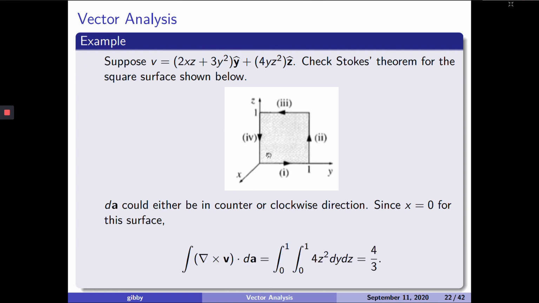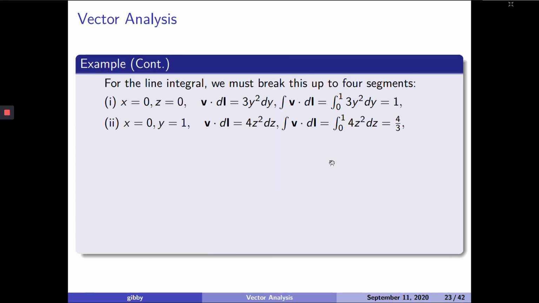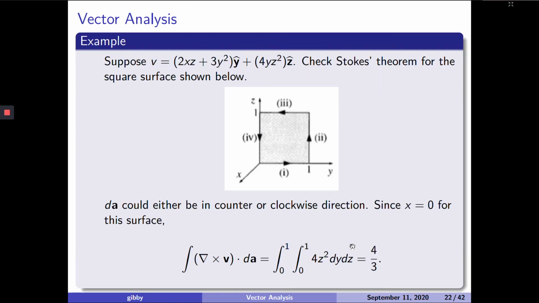So on this line there is no x and no z, it's purely y. You can check on your paper: have your vector function v with the dl, you get this, and you can check this on your own. If you add all of these, you can actually get 4/3. So that proves the Stokes theorem.